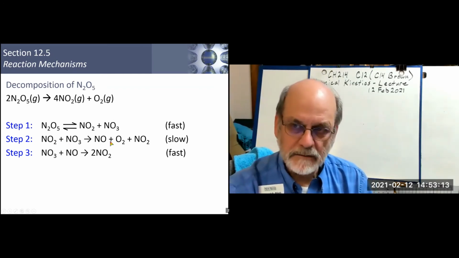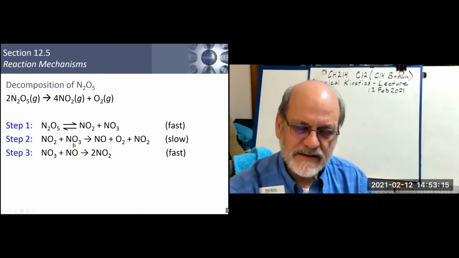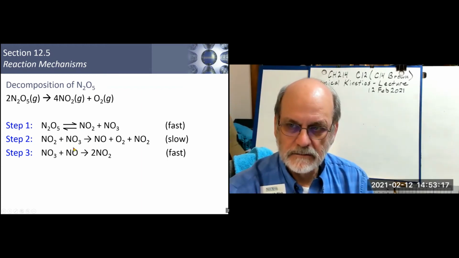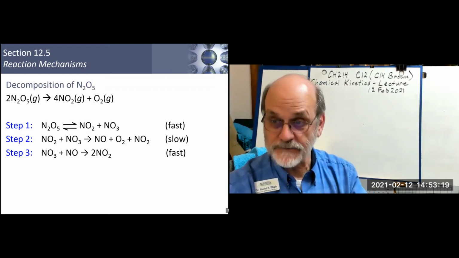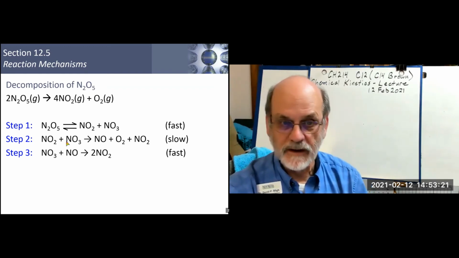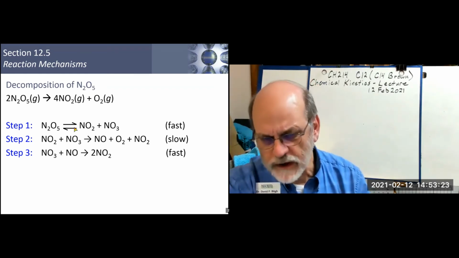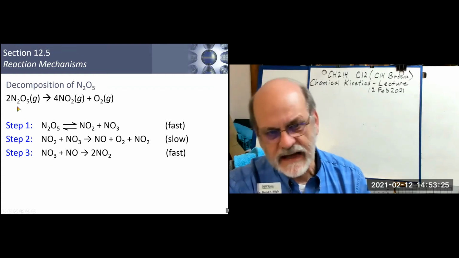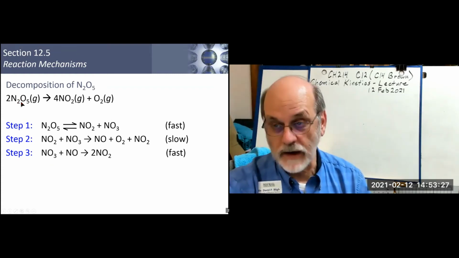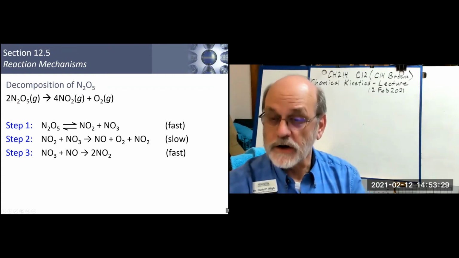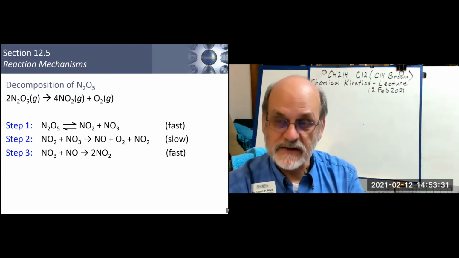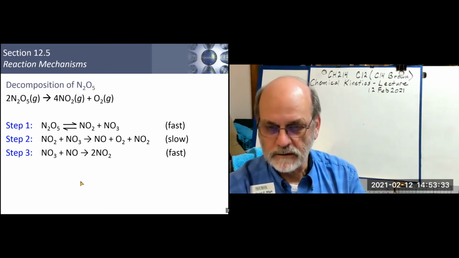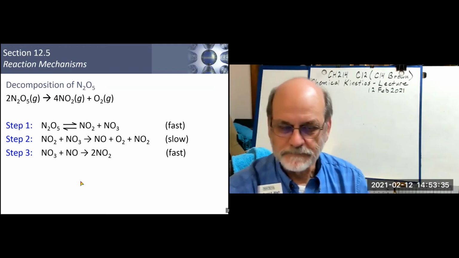Now, what would happen if we tried to add these together to see if it satisfies that first condition? Well, N2O5 only occurs in one place here. Add it together and you only got one. So that won't work. We're going to use rules from Hess's law to make it work, or to see if it works.